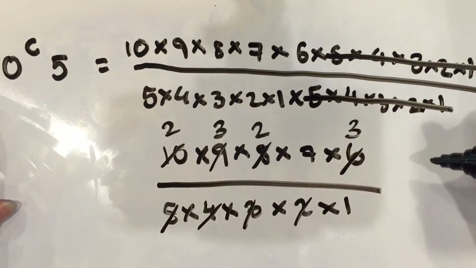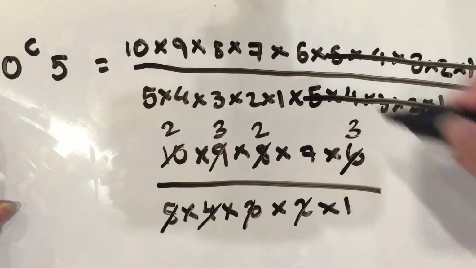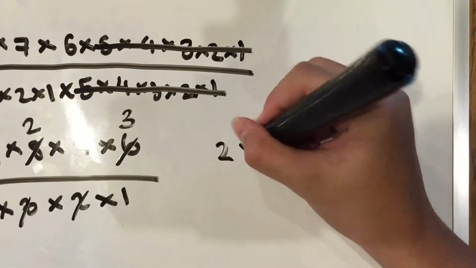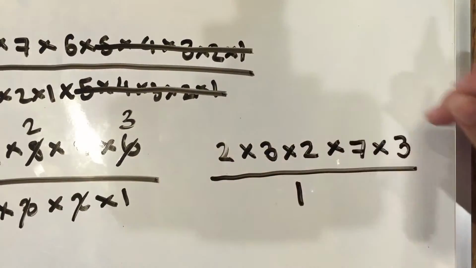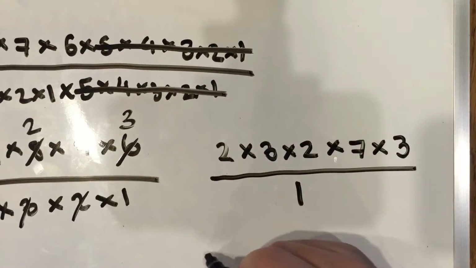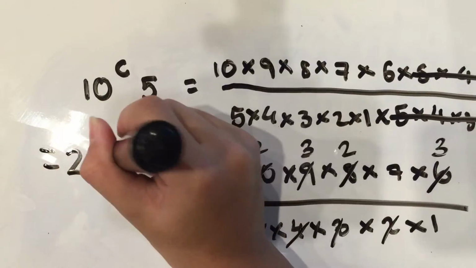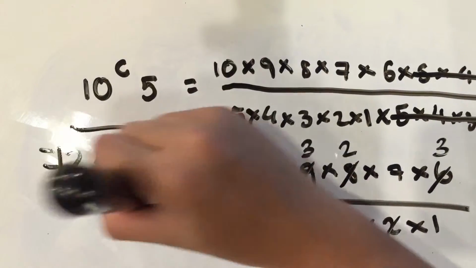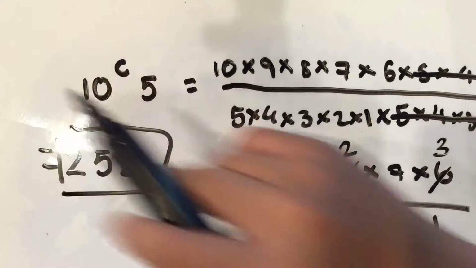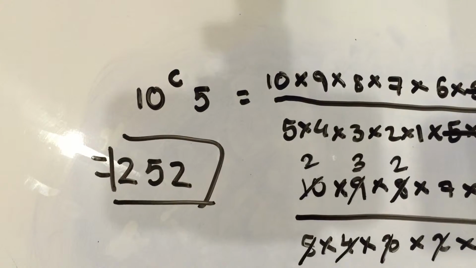So now that all the numbers are cut out, we're just going to move it down below and multiply the top together. So the answer is 252. That is the answer for this problem.